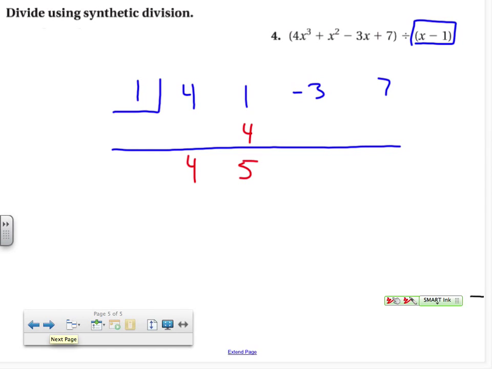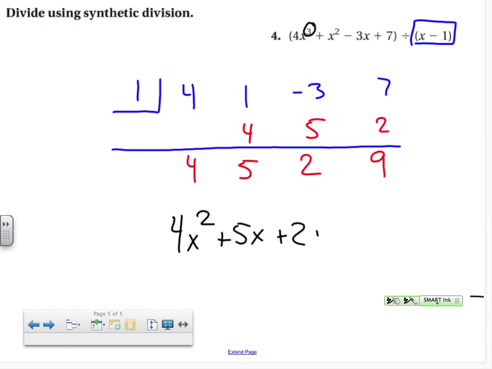Add down, multiply. Add down, multiply. Add down, we're at the end of the line, so we're done. Our answer, since this was a third degree, our answer will have a second degree, so it's 4x squared plus 5x plus 2 plus 9, which is our remainder, over our divisor.